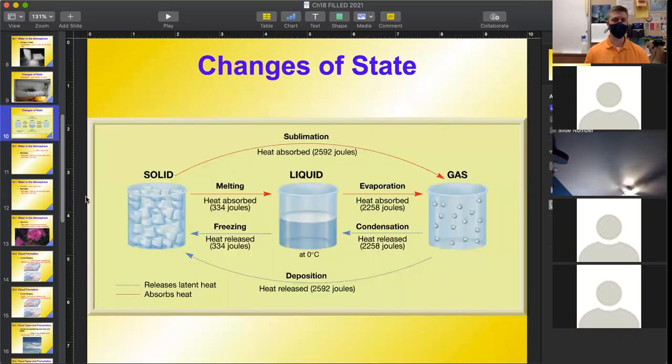So this chart just shows all those processes and the names of them. We're not really worried about the energy absorbed or released or anything like that. But going from solid to a liquid is melting, liquid to a gas is evaporation, and sublimation is solid to gas. Gas to liquid is condensation, liquid to a solid is freezing, that sort of thing.